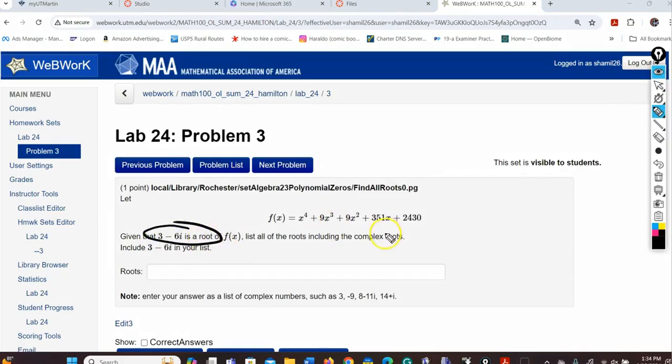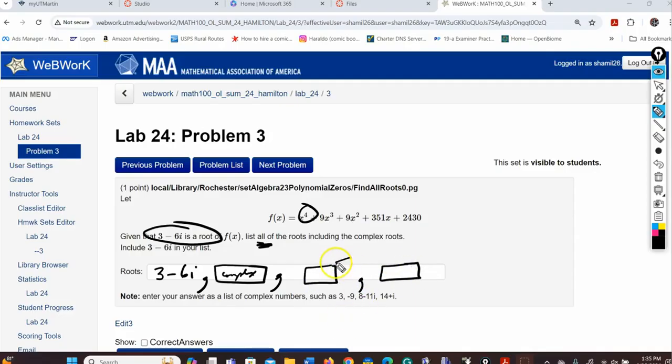Root is the same thing as 0. List all the roots. Now this has degree 4. There are going to be 4 zeros. And don't forget to include in this one, it says to include 3 minus 6i in your list. Now for free, you should get the other complex root instantly. So I'm not going to tell you what that is, but that will be a complex number. All right, that's very easy and straightforward from the example we just did. And then we'll have 2 real ones.